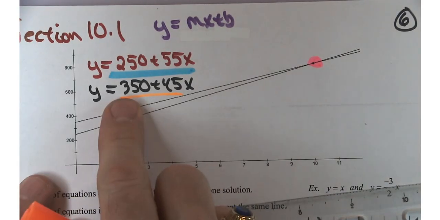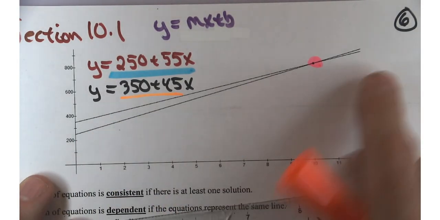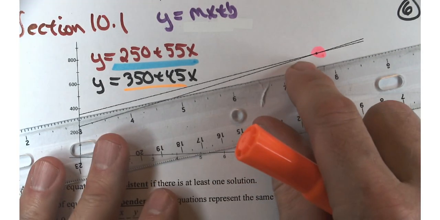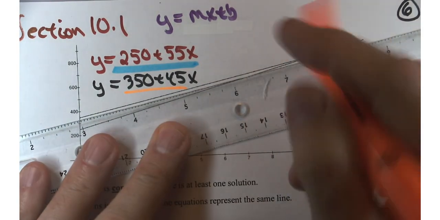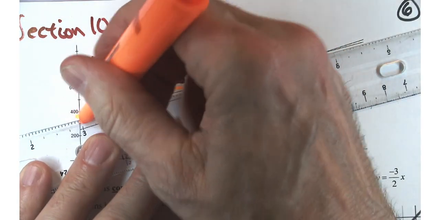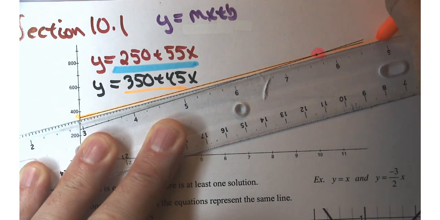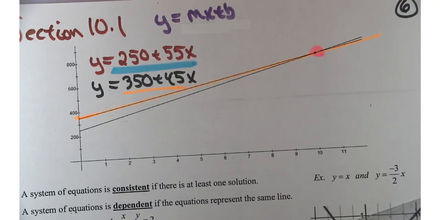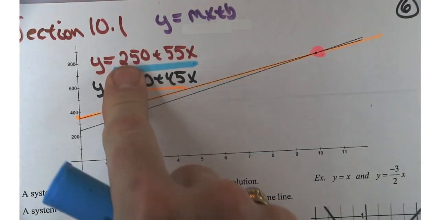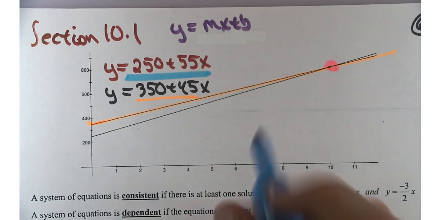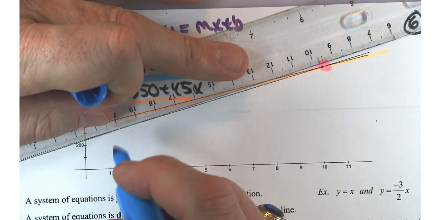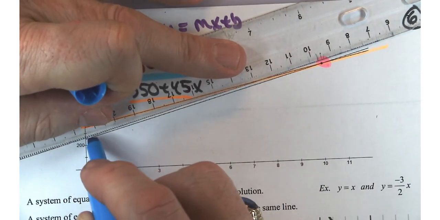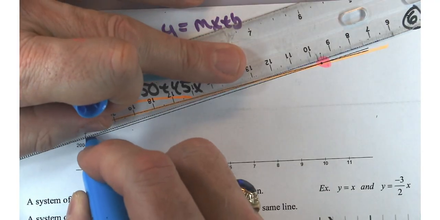You've got a higher intercept and a more gradual slope, so that's going to be the top one here. And the other one, of course, is the bottom one. A smaller y-intercept, but a steeper slope. So over time, these two coincide after 10 months. After 10 months, you're spending the same amount for each of these.